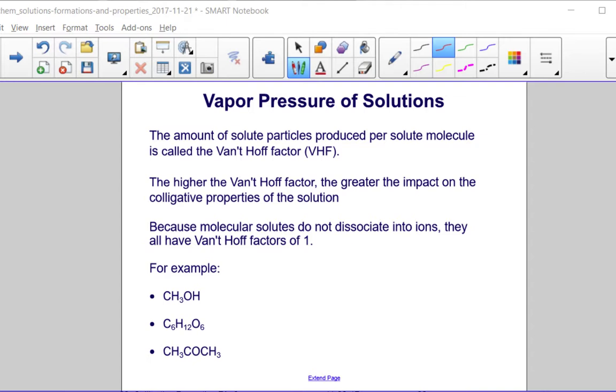Starting with molecular or covalent solutes, they don't dissociate into ions, right? So they have Van 't Hoff factors of 1. Methanol, glucose, and this other one we've been talking about, CH3COCH3, are all covalent or molecular. They don't separate into ions, and so they have a VHF of 1.